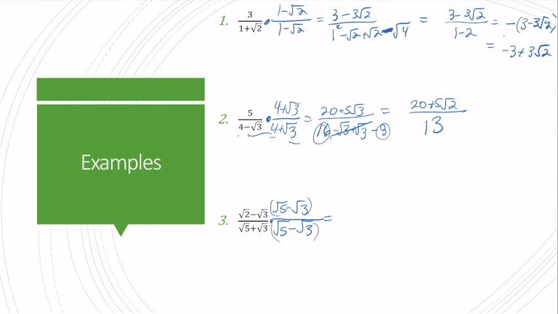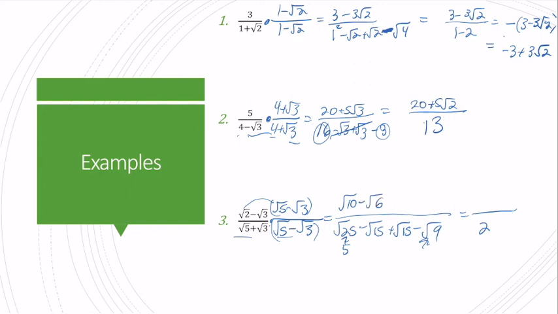Okay, so I have the square root of 25 minus the square root of 15 plus the square root of 15 minus the square root of 9. That gives me 5 minus 3, which is 2. This gives me the square root of 10 minus the square root of 6 minus the square root of 15.